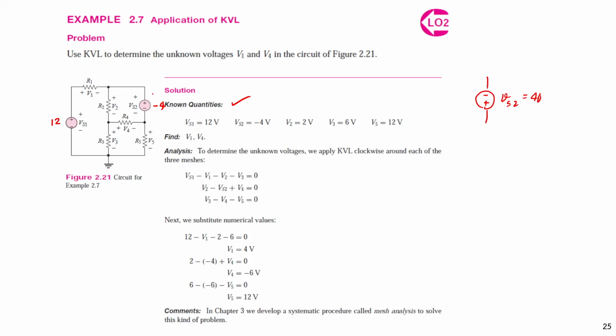But the symbol is drawn with this direction and with a negative sign. V2 is 2 volt. V3 is 6 volt. V5 is 12. So to find out V1 and V4.